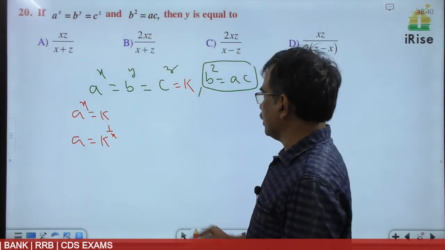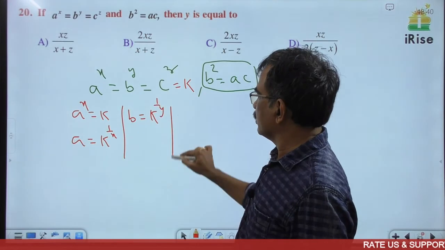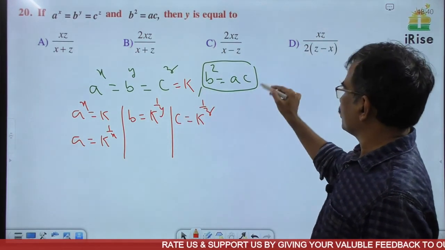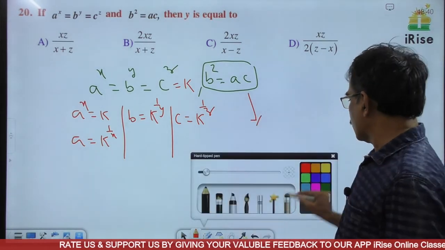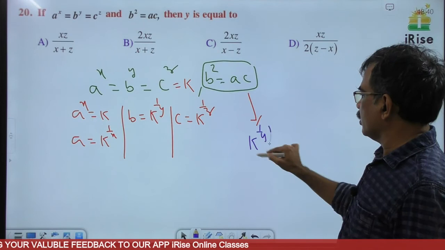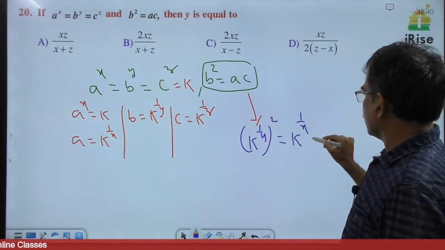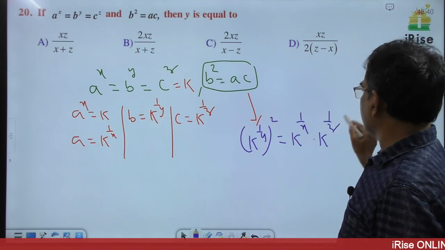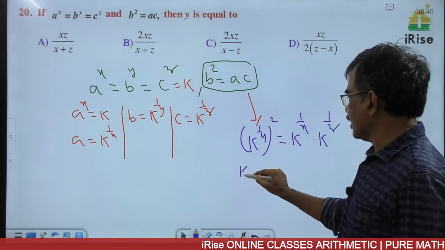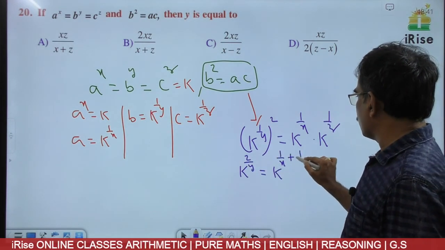Similarly, b is equal to k power 1 by y, c is equal to k power 1 by z. Then substitute in this condition. Then what we get? B square, k power 1 by y whole square, is equal to a into c, k power 1 by x into k power 1 by z. So k power 2 by y is equal to k power 1 by x plus 1 by z.